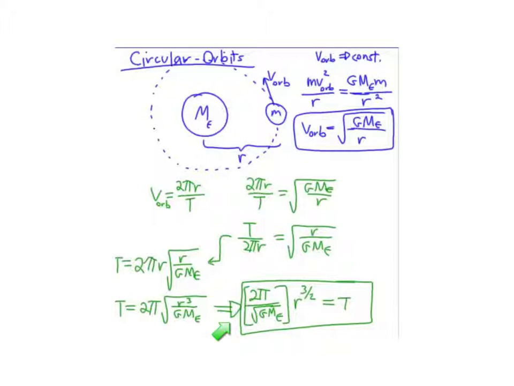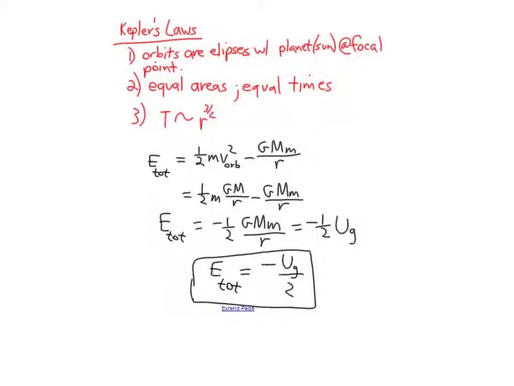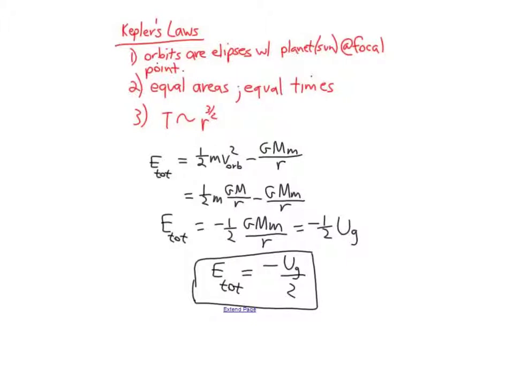And when we get the period from that expression, we get that it's equal to a gigantic constant times r to the 3/2. This leads to a discussion of Kepler's 3 laws, and here they are listed in red.